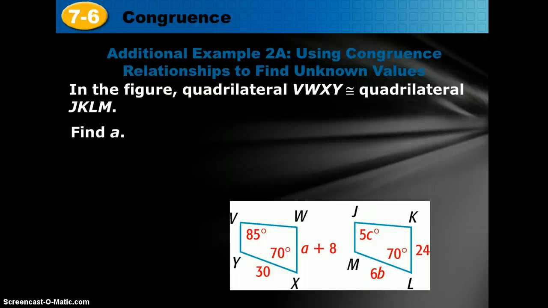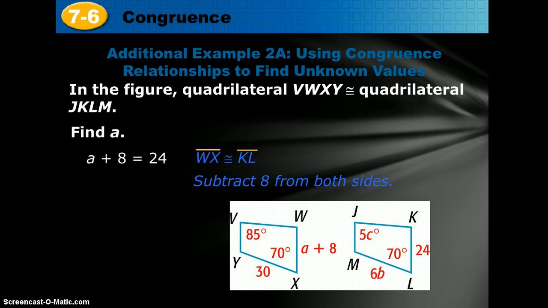So we have to first match up our corresponding side of the quadrilateral, which would be KL on the right-hand quadrilateral. So we can set up a plus 8 is equal to 24 and simply solve for a. We would solve this just like a one-step equation by subtracting 8 from both sides, and we'll find out that a equals 16.